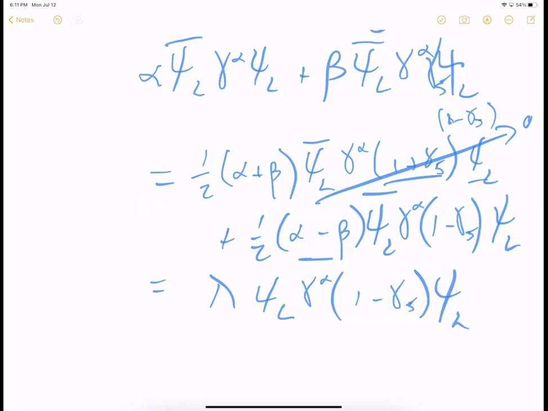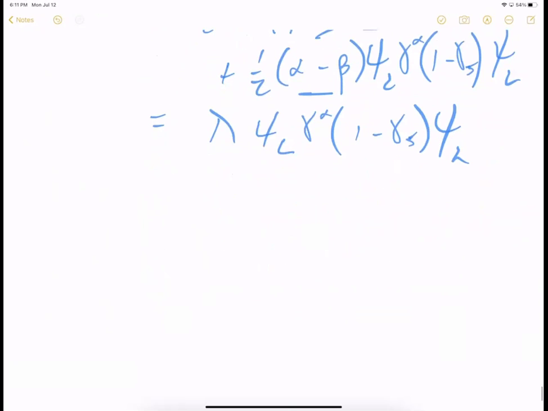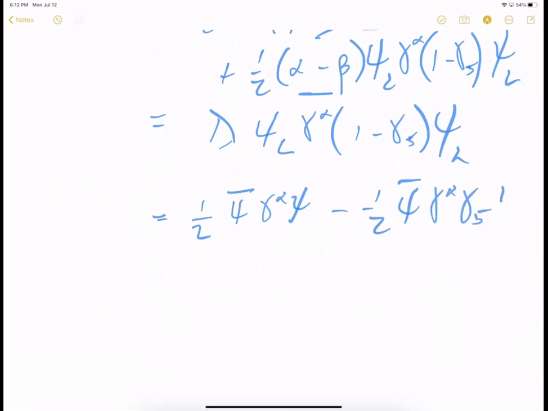And you can write that in different forms. I've given you another exercise to show that you can write that combination, if I got the normalization of a half here right, as psi bar gamma alpha psi and psi bar gamma alpha gamma 5 psi, right? This is a vector. This is usually called the pseudo vector, but it's often also called an axial vector.